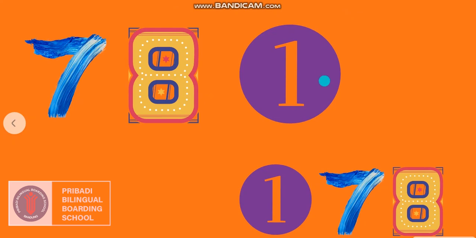Or maybe you can also use that three-digit number in another form like this. You put number 1 first and then 7 and then the last is 8, and you can read it together as 178, like that.